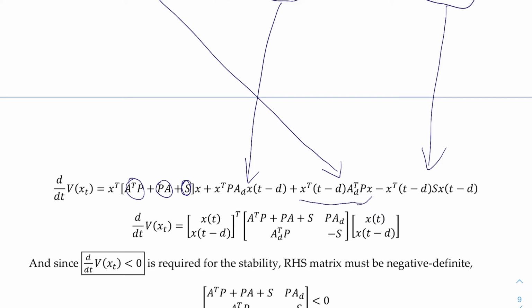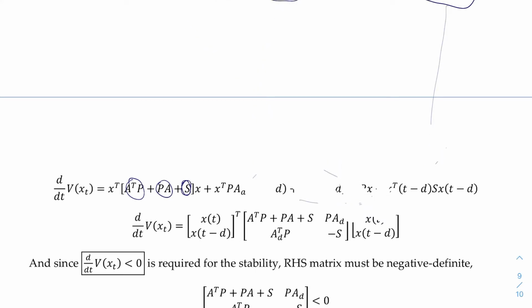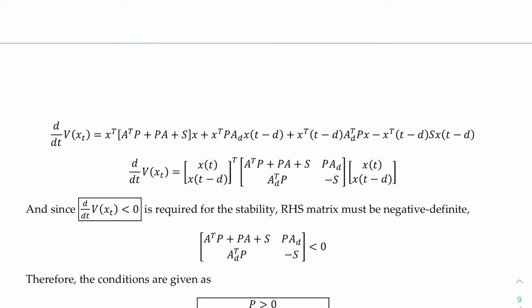Sorry, since we have that expression, let us arrange that. So we have x, and also we have x(t minus d), two expressions, and it is a quadratic expression. It doesn't take much experience to realize that it's a quadratic expression, and so we need to put that in a quadratic form.